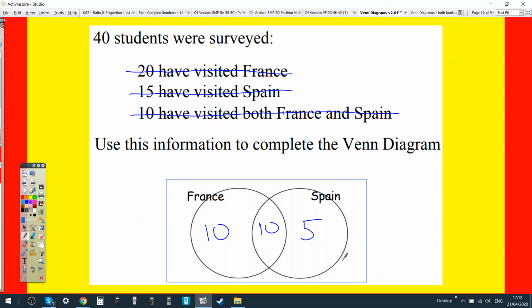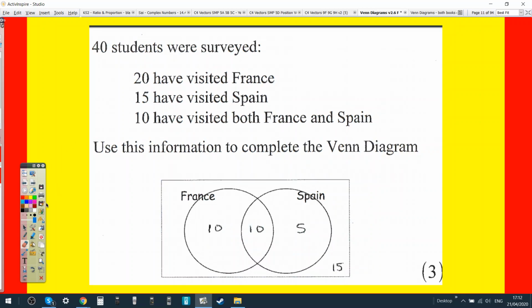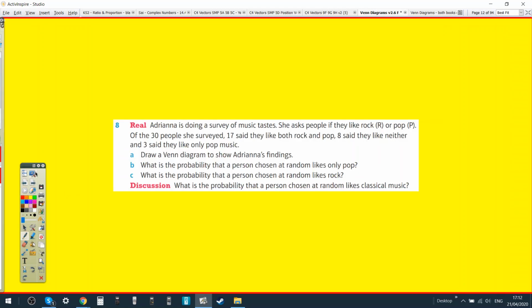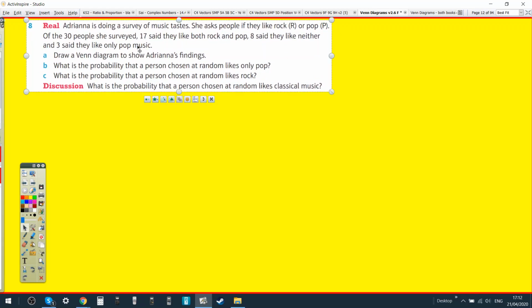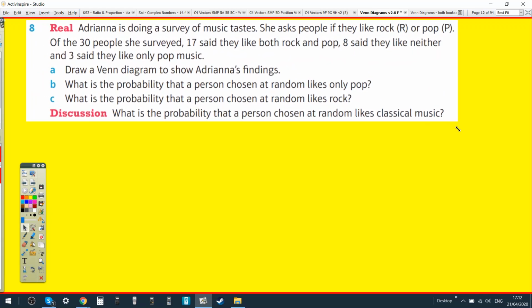Very good. They have to add up to 40 and so 15 on the outside. Very good. I'll just bring those back. Okay. 10, 10, 5 and 15. 3 marks. Okay, what does this thing? Okay, how do we do this?